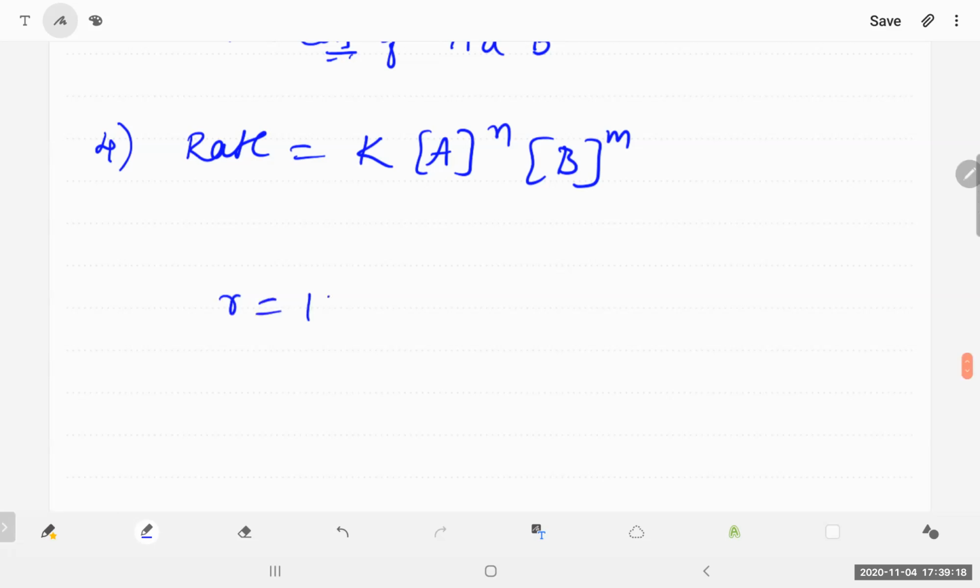R is equal to K into A to the power of n and B to the power of m. This is equation 1.